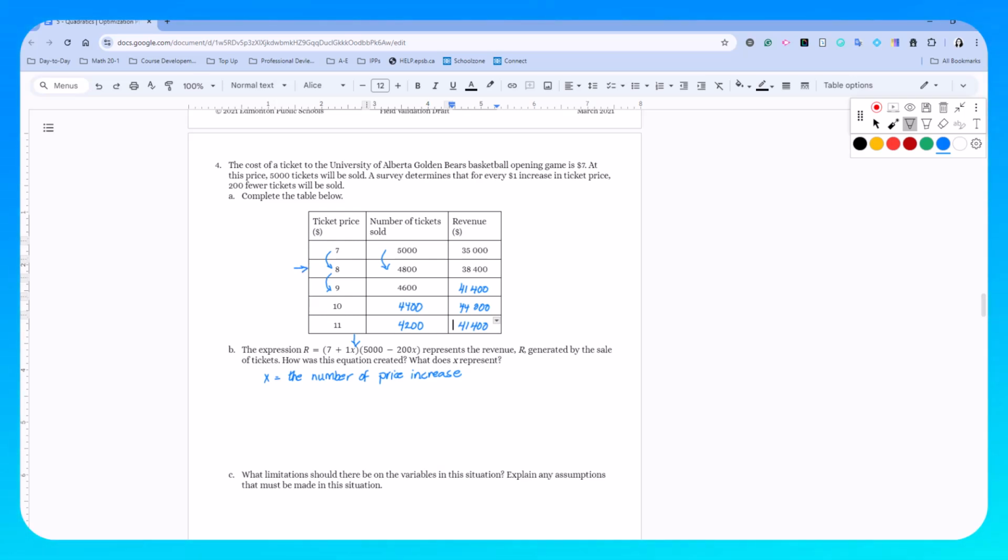For the number of tickets sold, if x equals 1, 5,000 minus 200 is 4,800, and that represents the number of tickets sold.